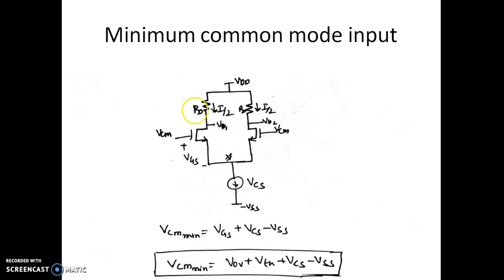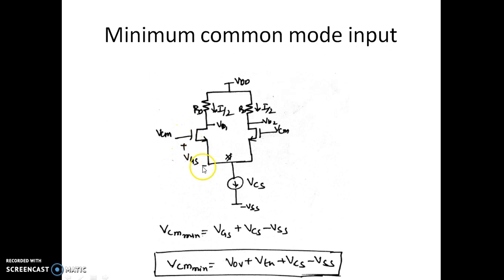Similarly, we can find the minimum common mode input voltage that can be applied. As you know, this is again VGS, so we can write VCM as the VGS required to keep this in saturation, plus VCS, which is the minimum voltage that should remain across the current source so that it can deliver a current of I, and this is again minus VSS, which is the supply voltage. Now I write a KVL in this loop.